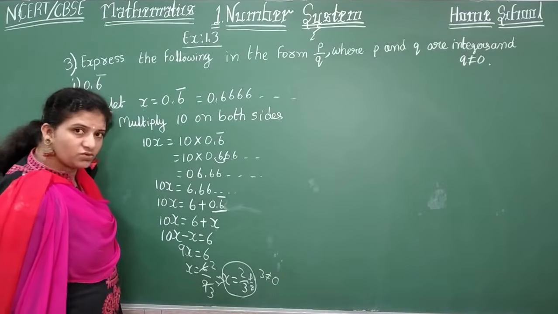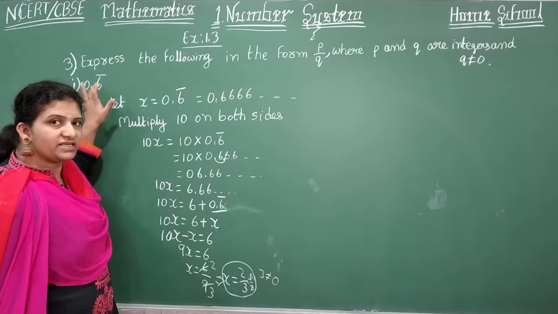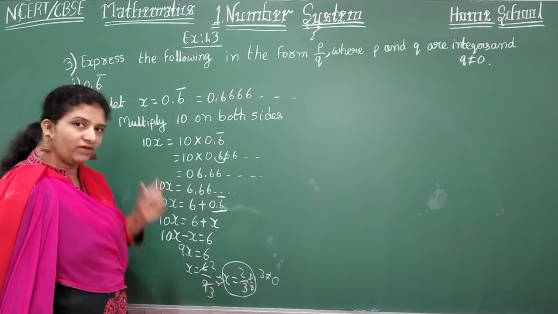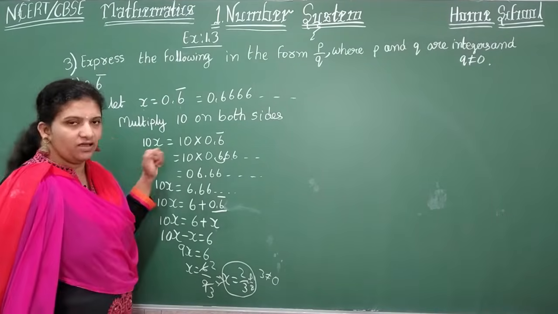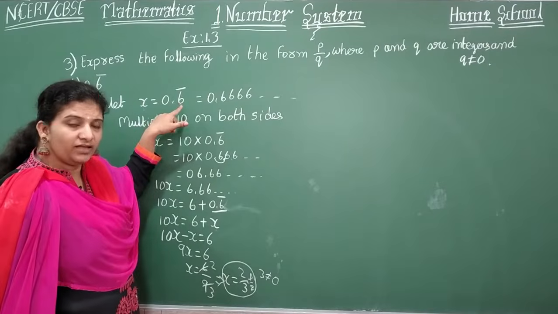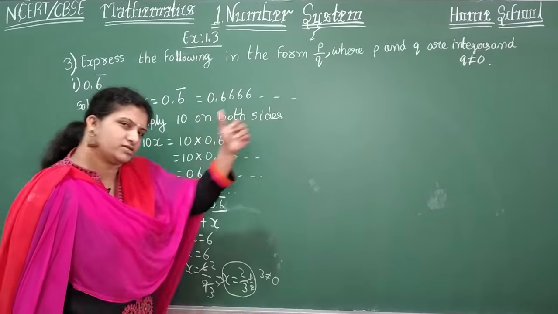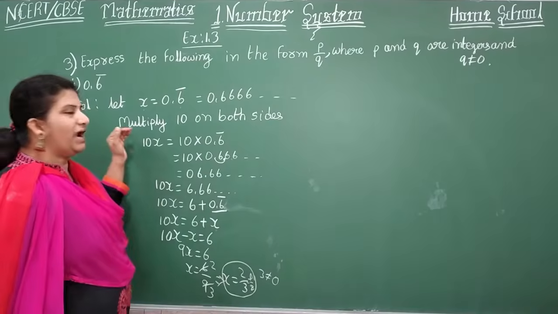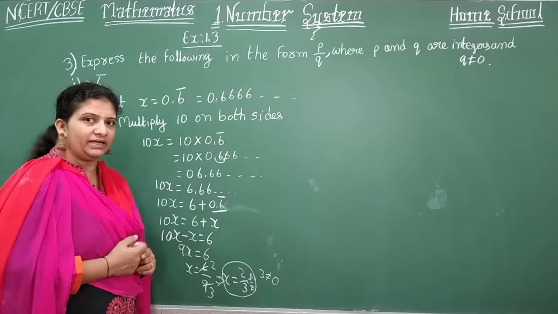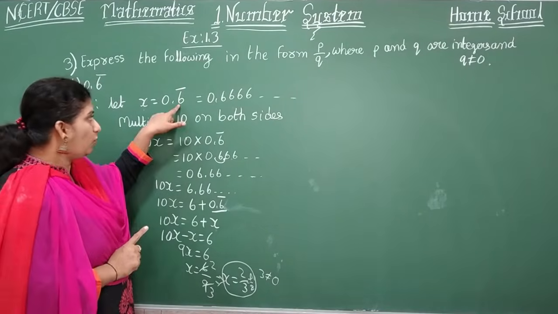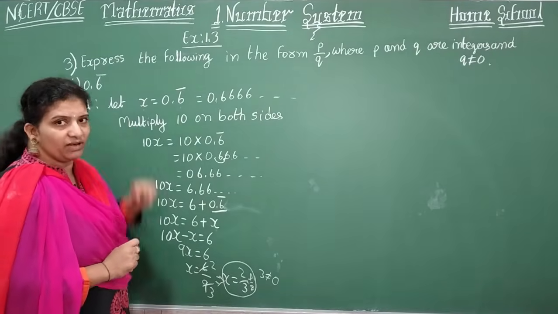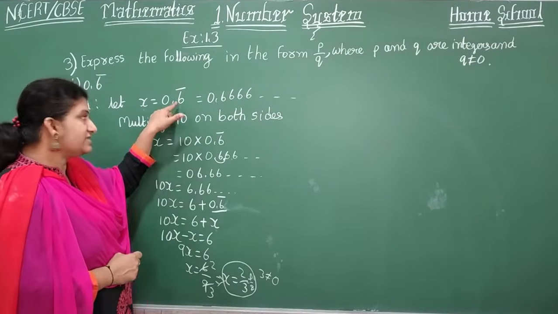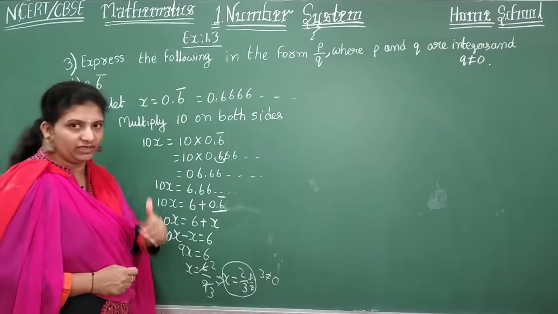You have your first question as 0.6 bar. Let us assume given question as x. What is 0.6 bar? It can be written as 0.666 and so on. Right? Multiply 10. Why are we multiplying 10? You know, no? After one digit, your decimal point was there, and this digit is repeated infinitely.